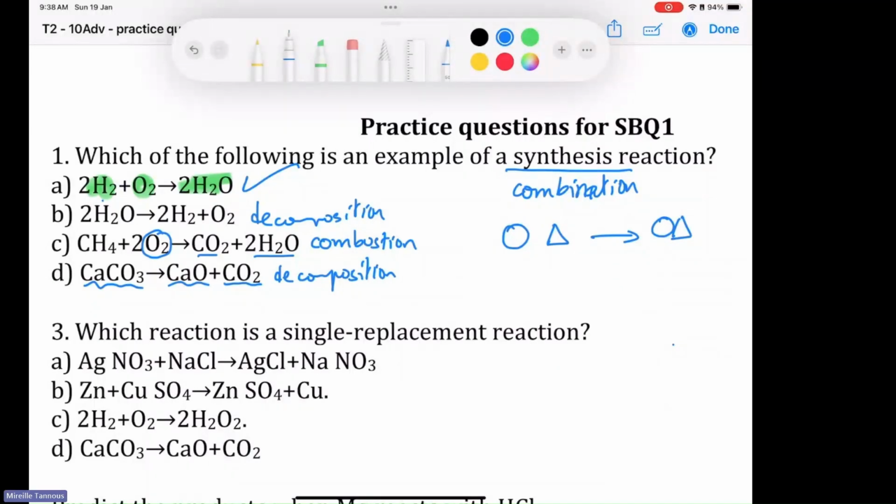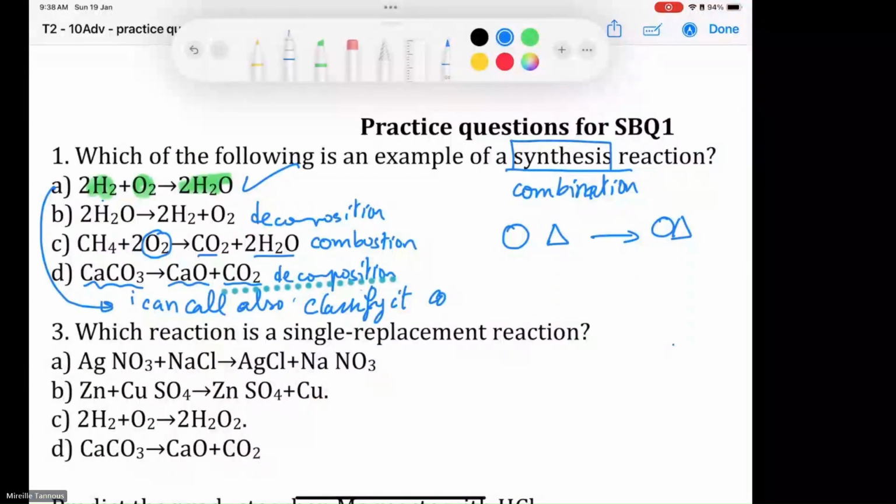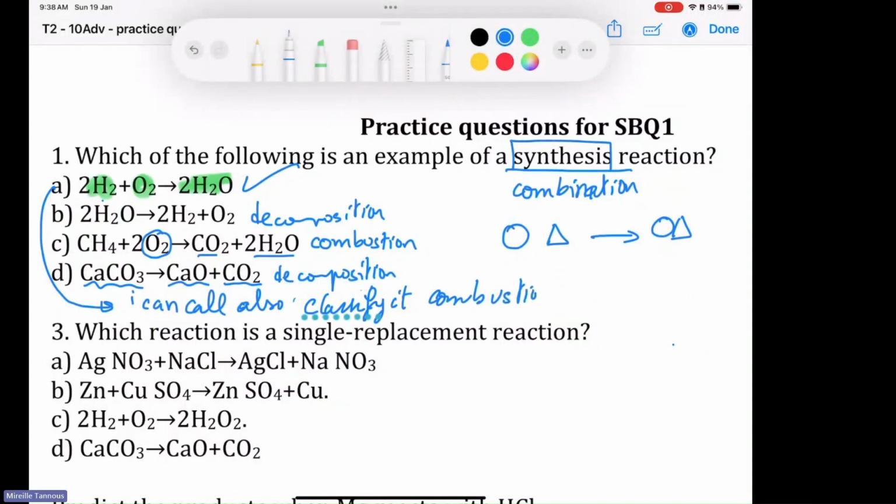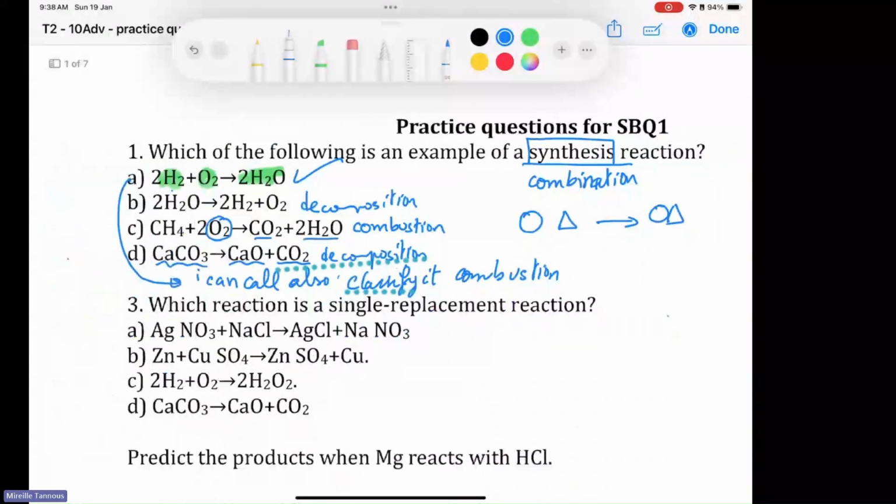Now, choice A is a synthesis reaction, but I can also name or classify it as a combustion reaction. Hello, when we move to other examples, I will tell you when you cannot call a synthesis a combustion.